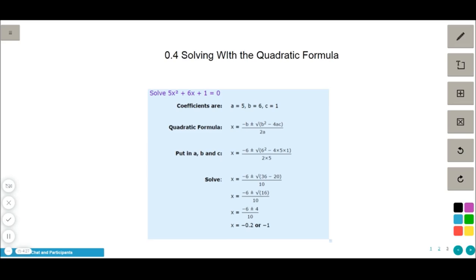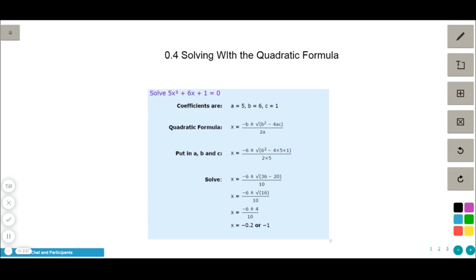Now recalling, the quadratic formula is negative b plus or minus the square root of bracket b squared minus 4 times a times c, bracket complete, divided by 2a. Now you just replace the coefficients. You put in b into the first spot, and you make it negative because that's what it said in the formula.